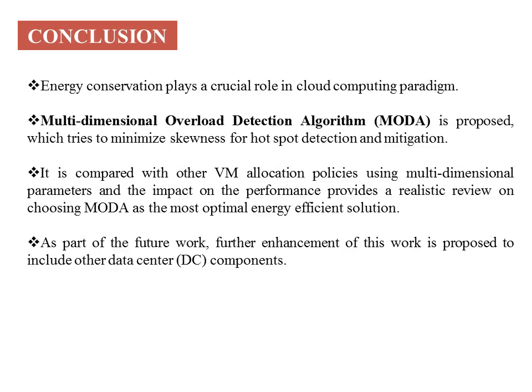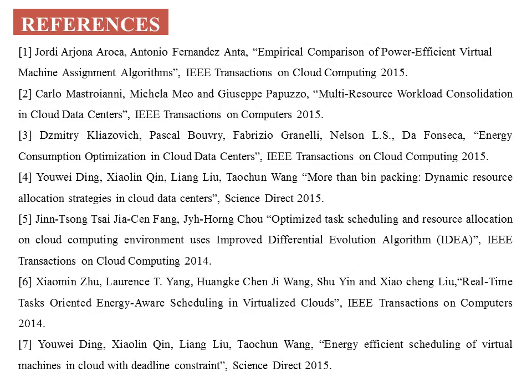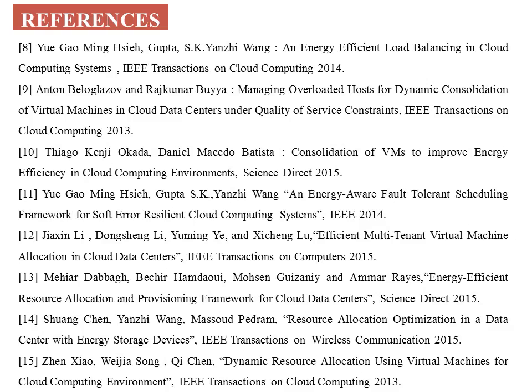As part of future work and further enhancement of this project, we are trying to propose including other data center components as well. And these are the references I went through, and based on these papers and already published proposals, I concluded this.